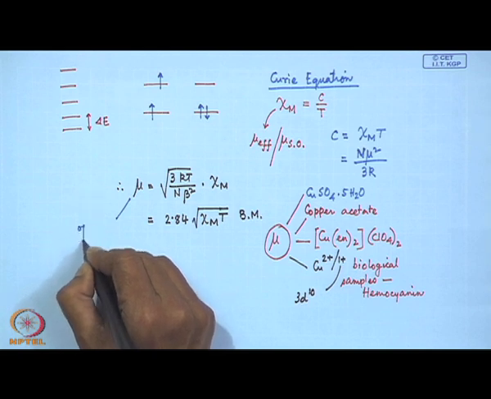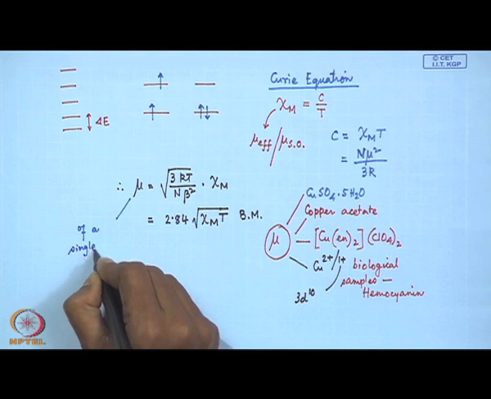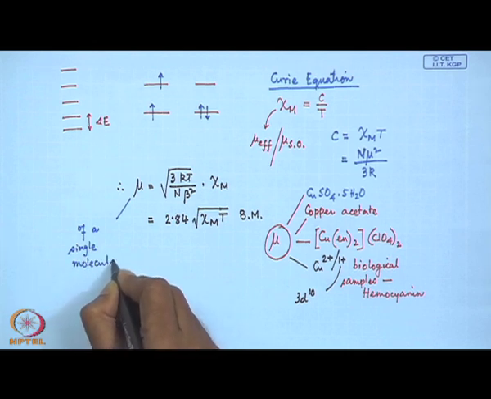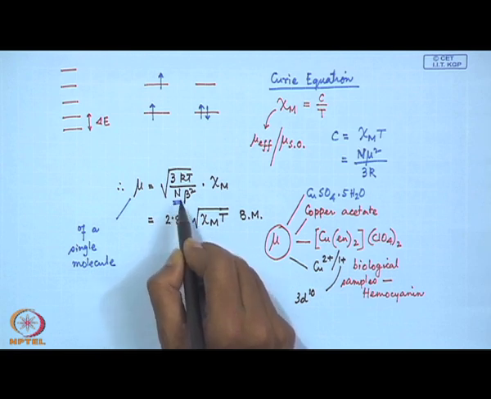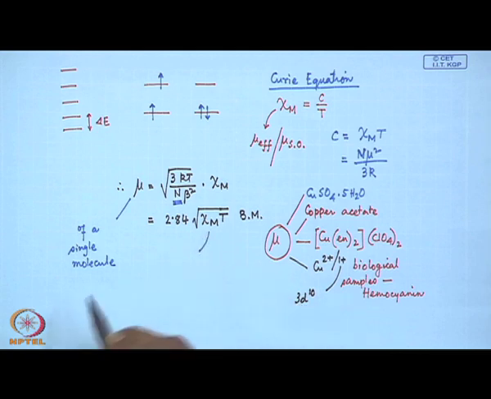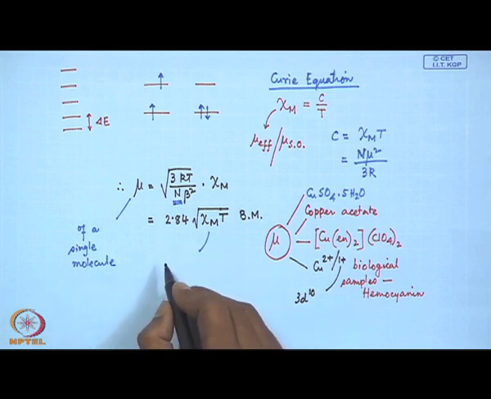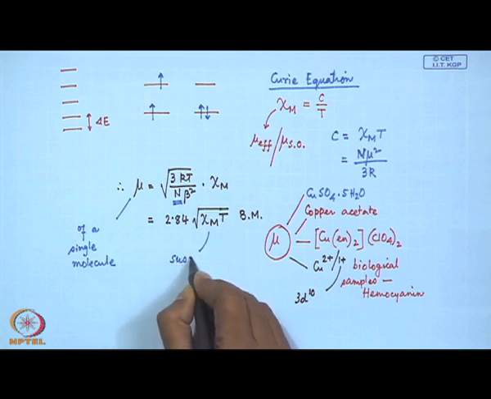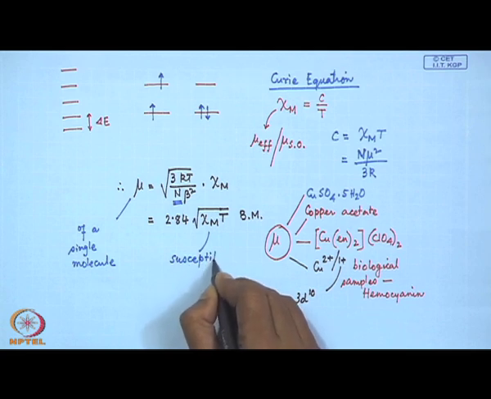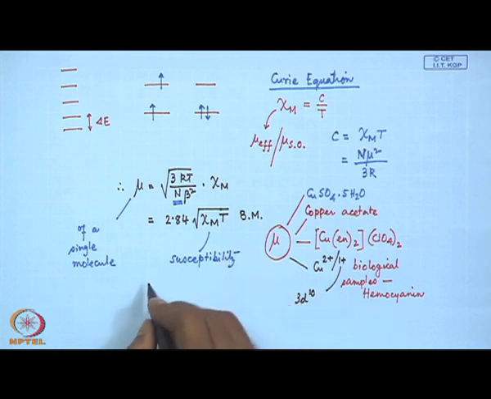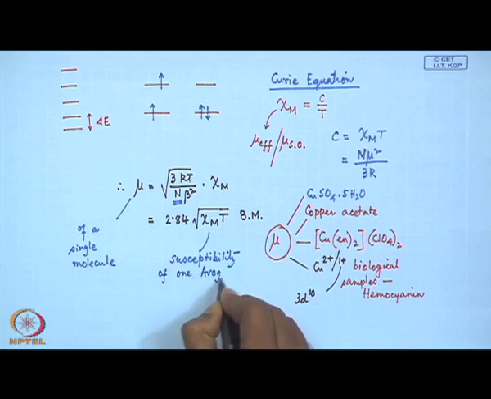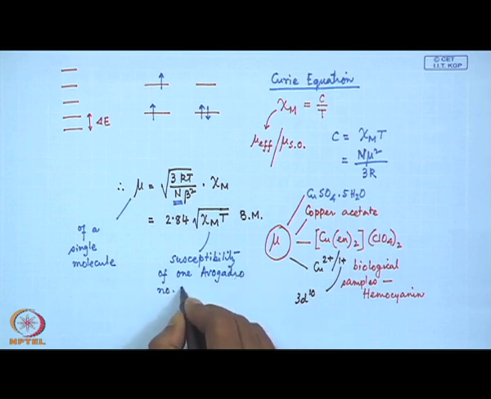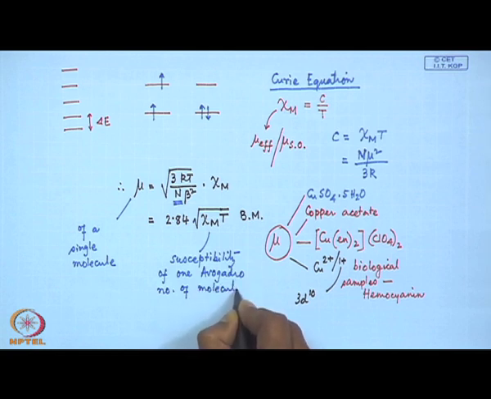So, it is the magnetic moment of a single molecule, and since we have utilized the corresponding N value, the Avogadro number, in the expression, this susceptibility term we are using in this equation is nothing but the susceptibility of one Avogadro number of molecules.